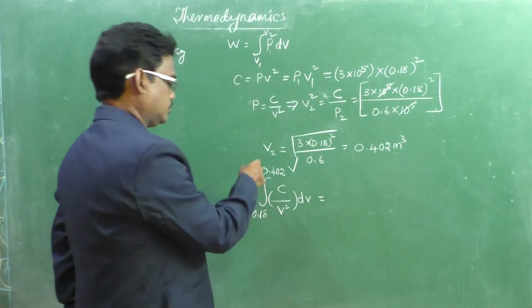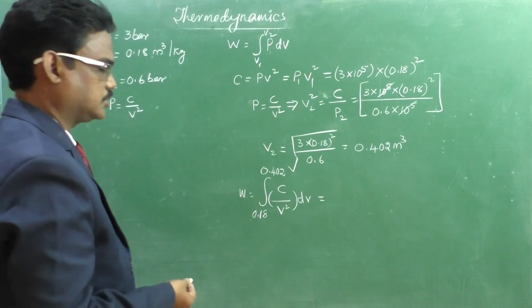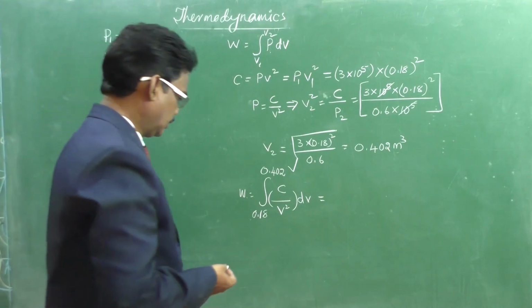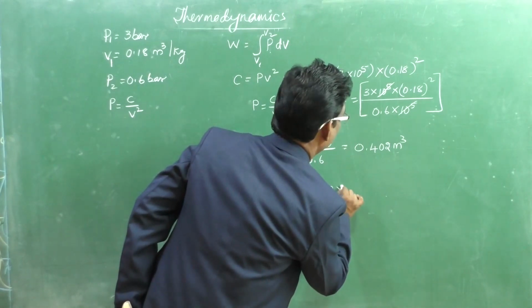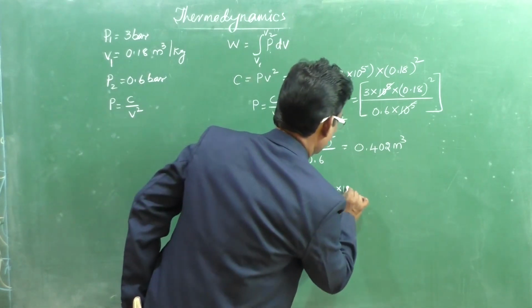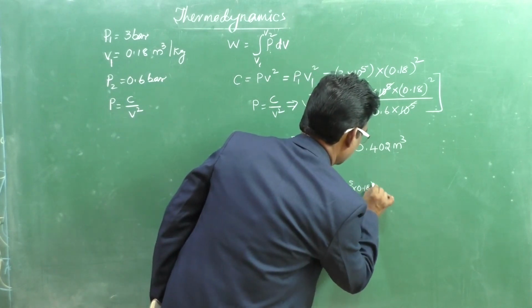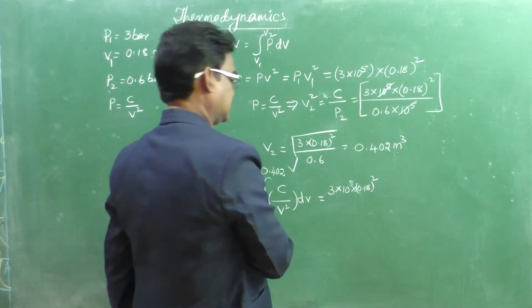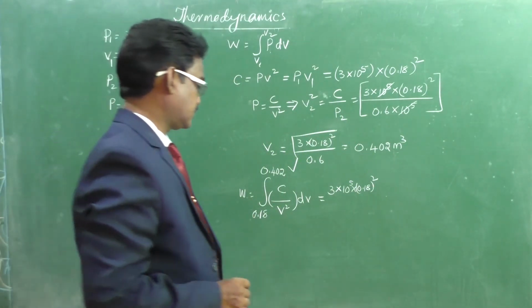Now you need to do the integration. After that you need to substitute the upper limit and lower limit. C equal to 3 into 10 to the power of 5 into 0.18 square, that is C. Next integration of V square.